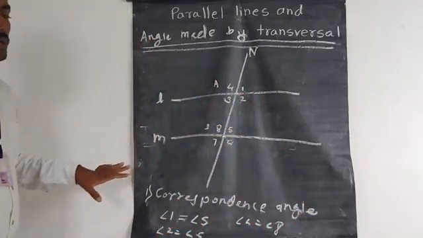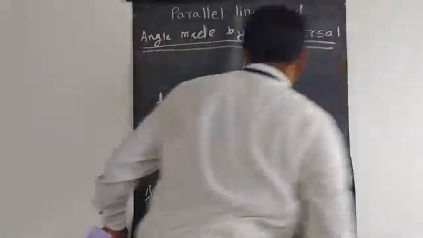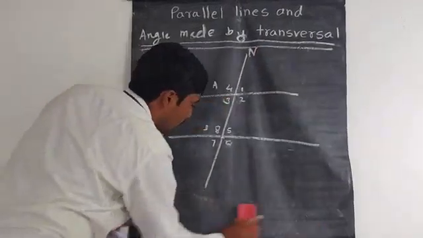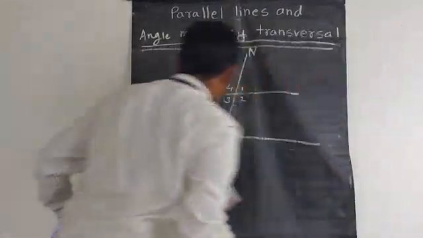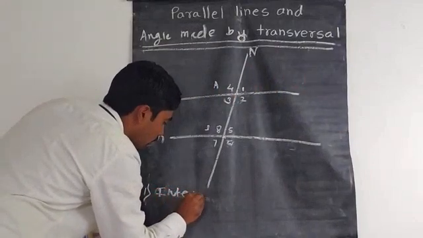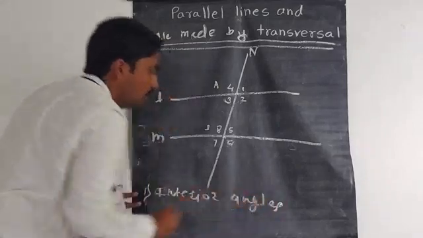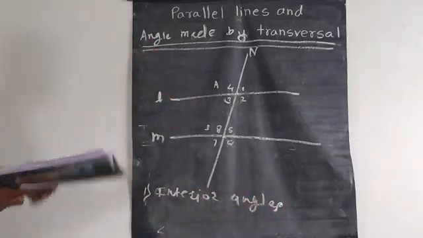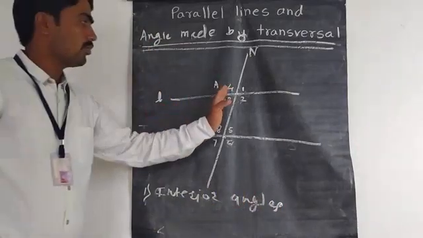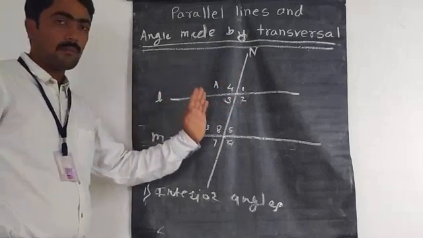Now we will see about the interior angles. Now, the second point, the interior angles. Which are the pair of interior angles? See students, interior angles means a pair of angles which are on the same side of the transversal. The condition for interior angles is also somewhat the same.